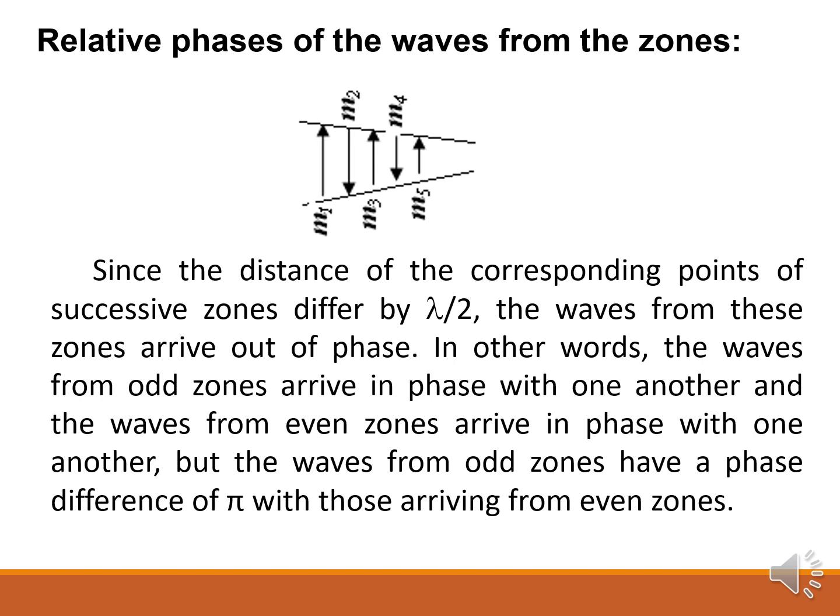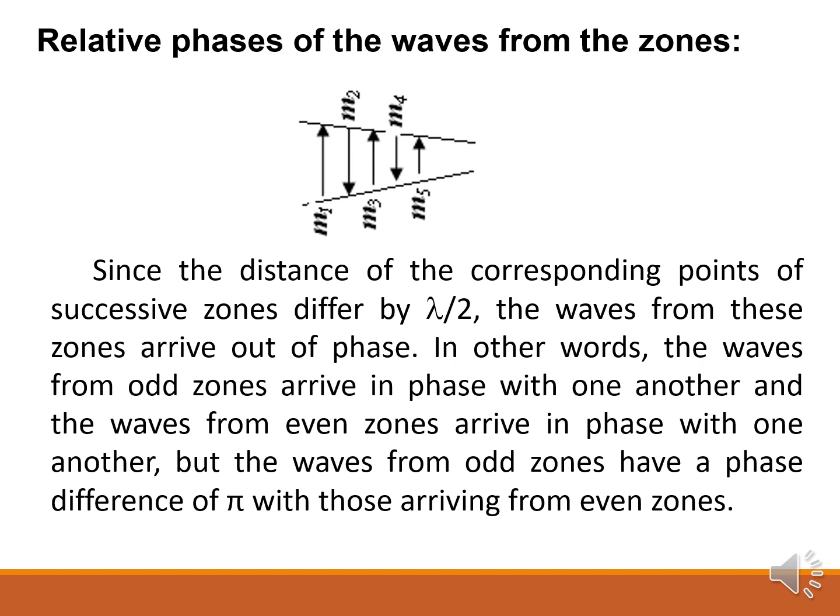Now, let us see the phases of the waves from these zones. Now, what is a phase? Phase is a condition of the wave at any instant. Now we have seen M1, M2, M3, M4, M5, and the distances of the corresponding points of successive zones all differ by lambda by 2.